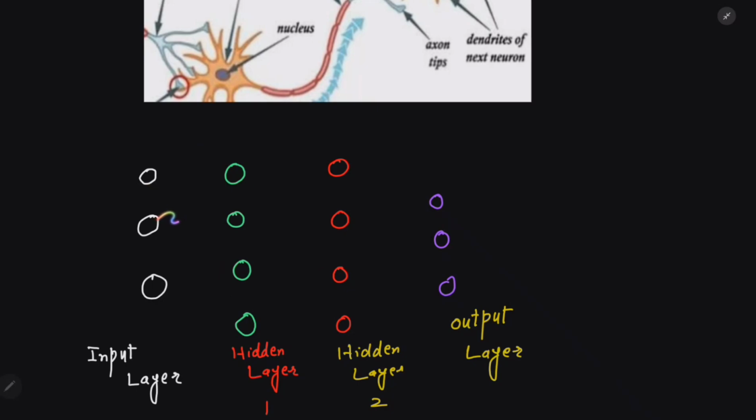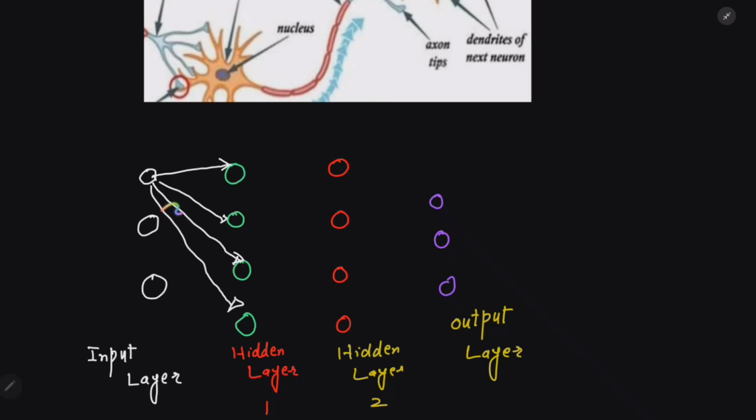Similarly, the second neuron will communicate with all the neurons, and so on. If I draw that, you will see something like this. These are the images actually shown in papers when someone is talking about the artificial neural network.